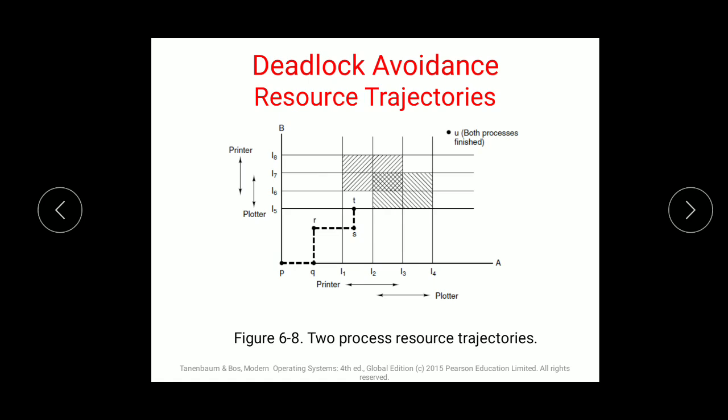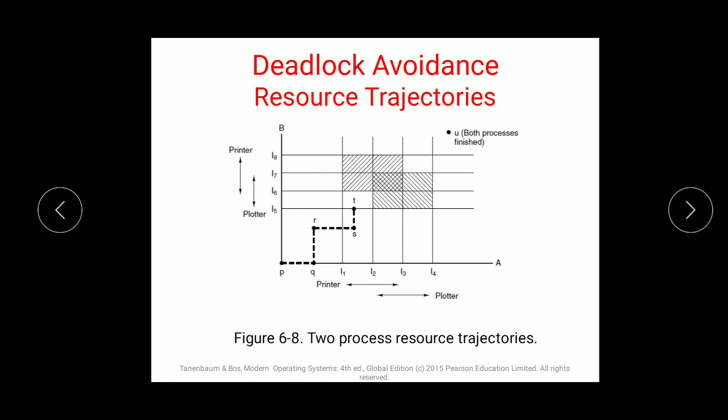There is another algorithm called the deadlock avoidance algorithm, which inspects the resource allocation state in a dynamic way. Static means it keeps going with the same process: when I say it should run A to Z, it will run A to Z only. That is static, no changes.